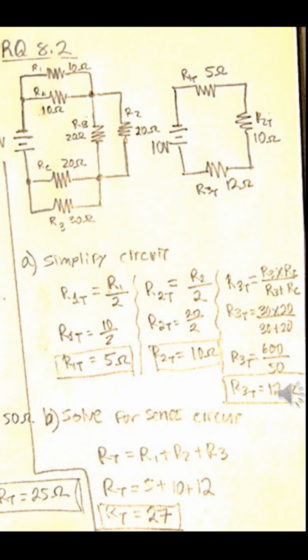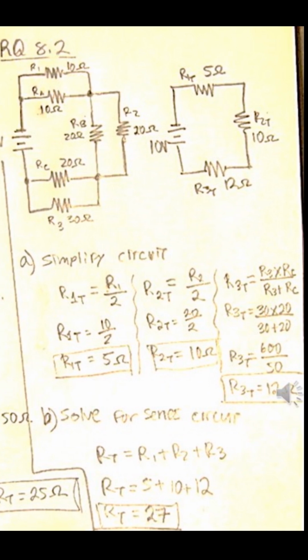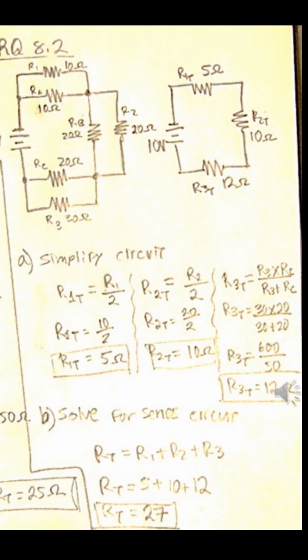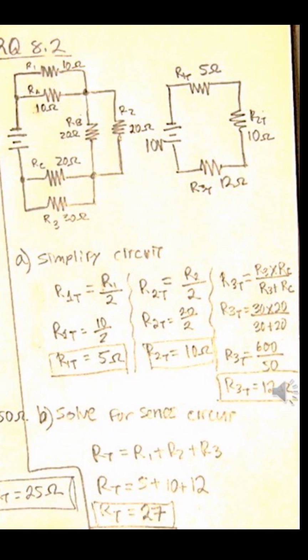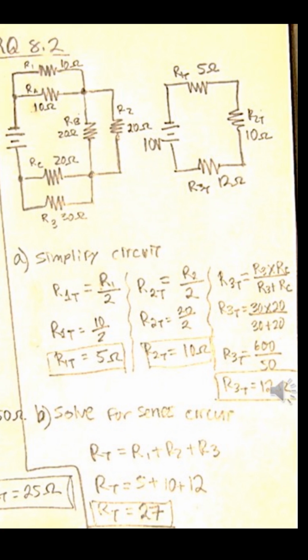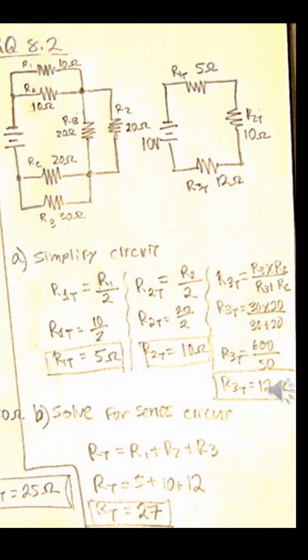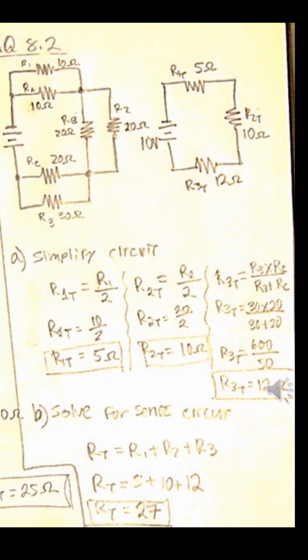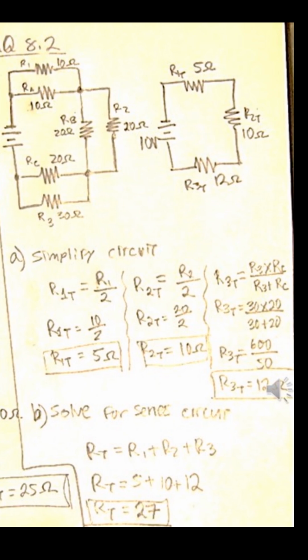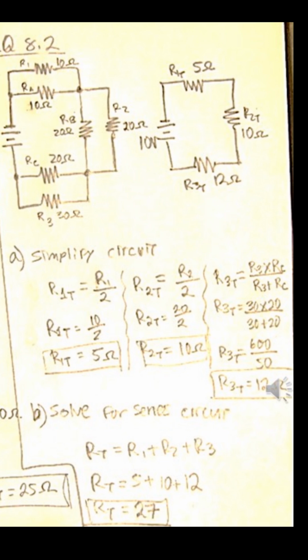To simplify the circuit, we find the resistance R1 total, which I'm going to name for the resistance at the top of the complex circuit. That equals R1 divided by 2, because we have 2 resistors of the same value, so we can use that division formula.